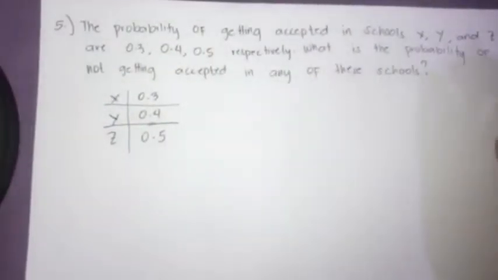X, Y, and Z. The probability of X is 0.3, Y is 0.4, and Z is 0.5. So the question is, what is the probability of not getting accepted in any of these schools?